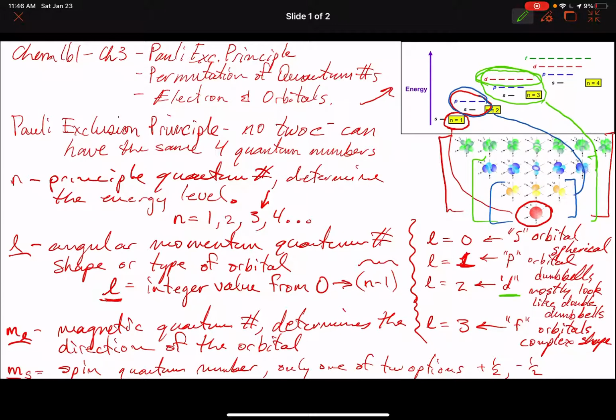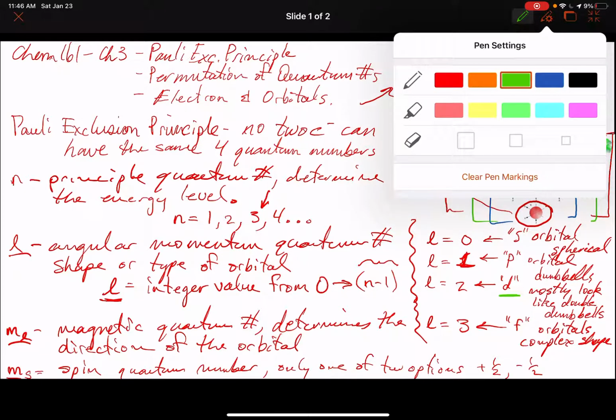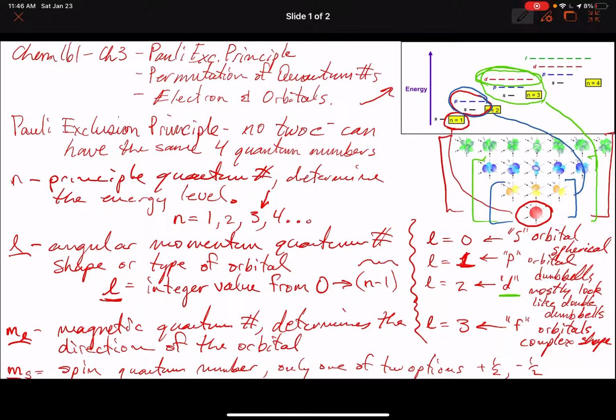And finally, to start seeing the most complex orbital shapes, the F orbitals, the 7 F orbitals that are available there, we have to have an n value of 4 to allow for 4 sets of orbitals as reflected through L values of 0, 1, 2, and 3.